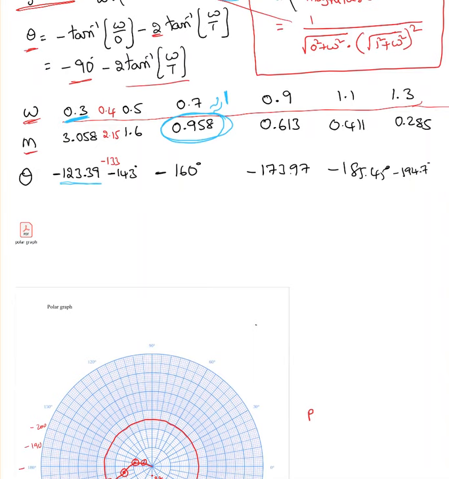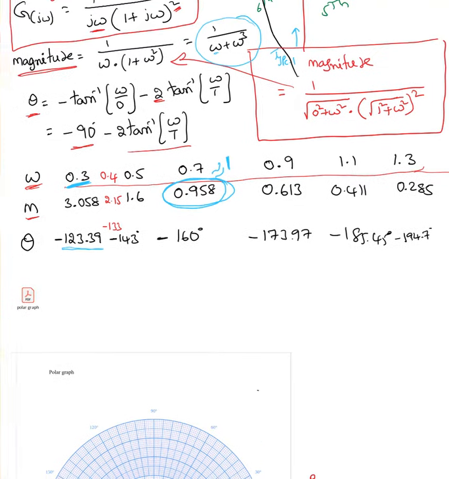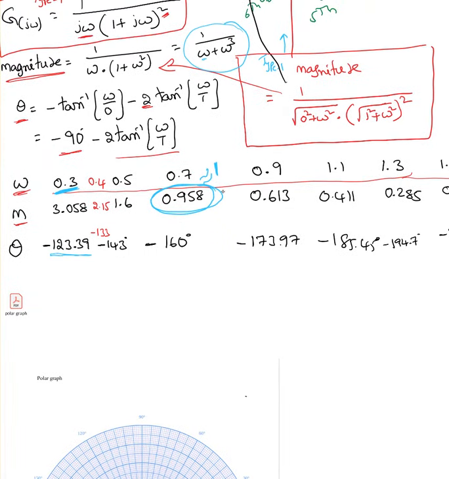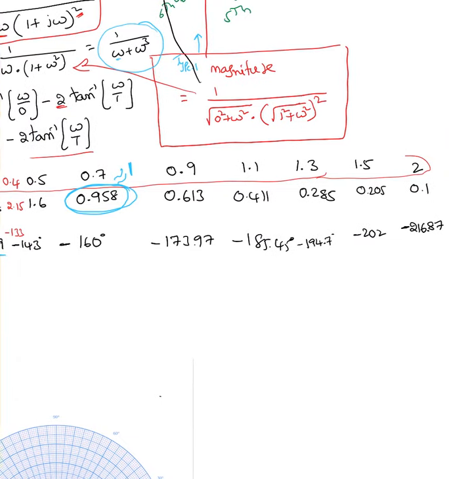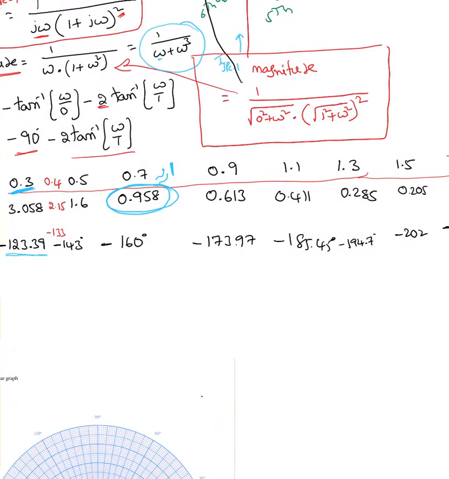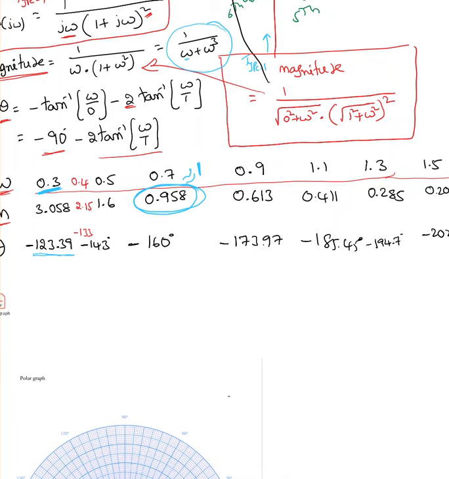I use a different color because when I'm drawing the polar plot using red, I want one more point, so I chose 0.4. Other than that, I got these values by directly substituting the omega value in the magnitude and phase angle. I substituted up to 2. I have a little bit more values, but as long as you have 5-6 values, that's good enough to draw the plot.